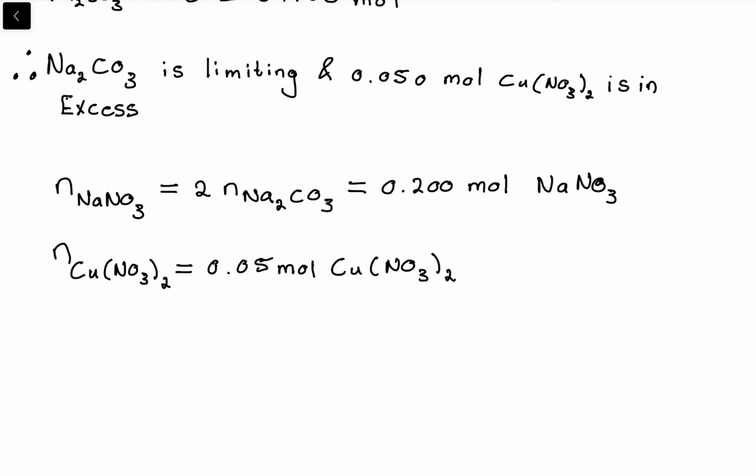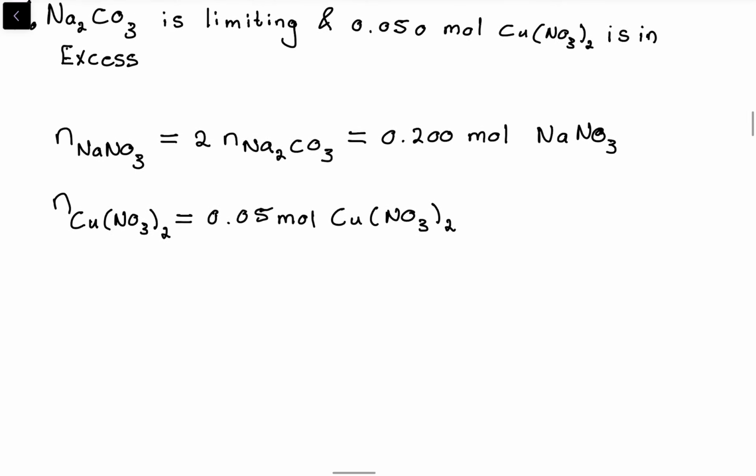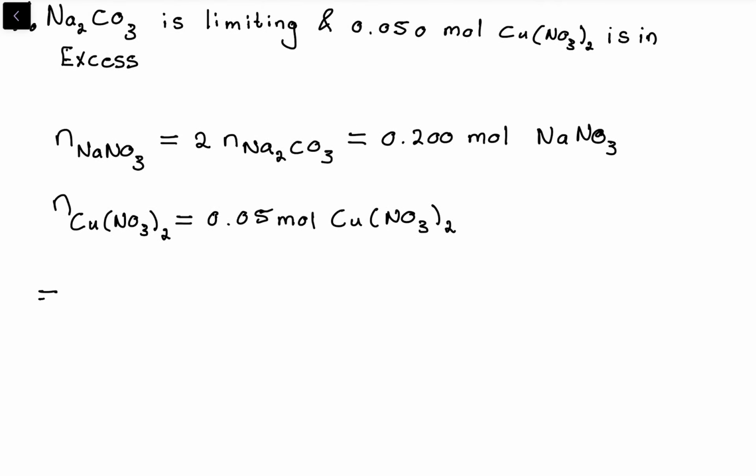Okay, so from this top here, we can create a little summative sketch, or whatever you want to call it. It means the number of moles of copper 2+ is 0.05 mole, right?